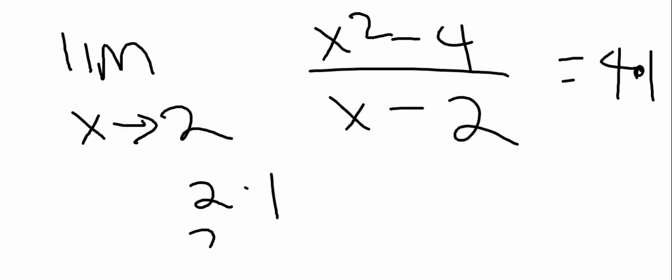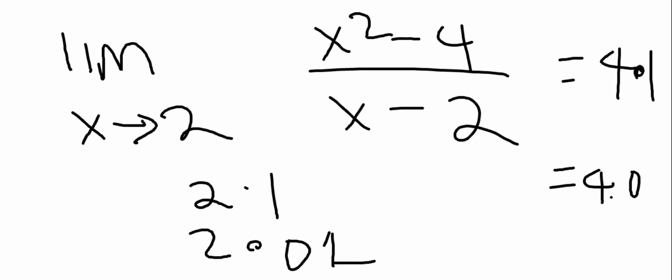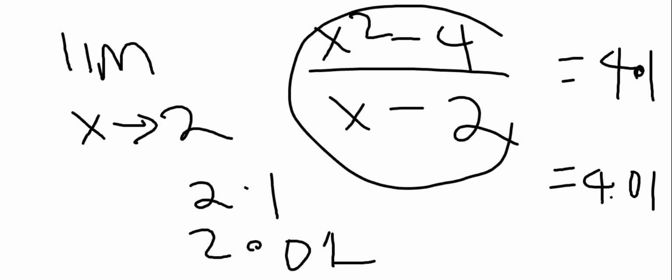When we get a number that is even closer to 2, we get 4.01. So this tells us that as x approaches 2 in this function, we are getting closer and closer to 4. So the limit as x approaches 2 of this function is 4.